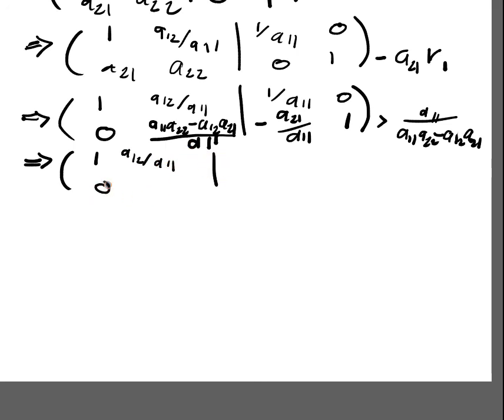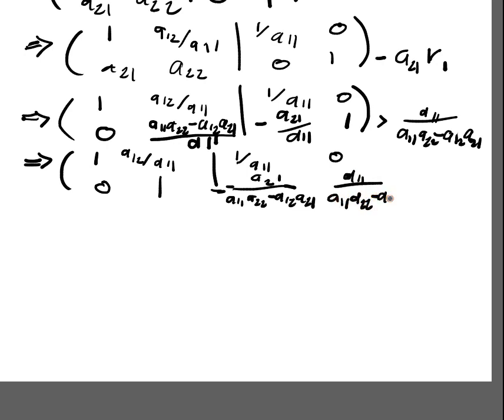We'll get a 0, a 1, 1 over A11, 0. We get minus A21 over (A11 A22 minus A12 A21), and A11 over (A11 A22 minus A12 A21).